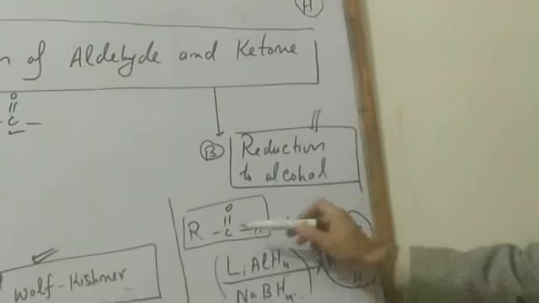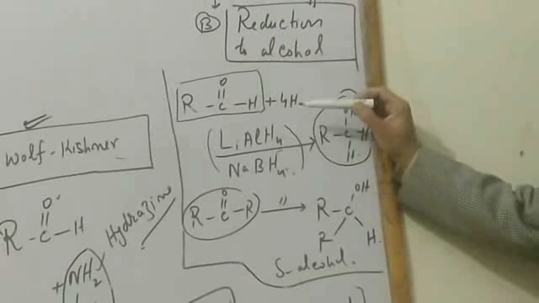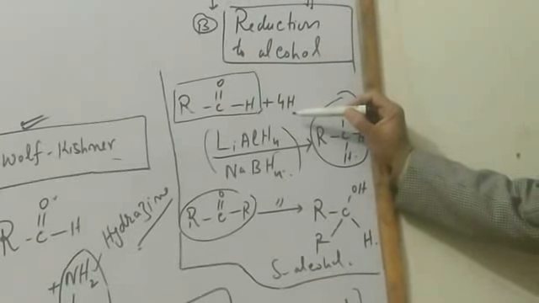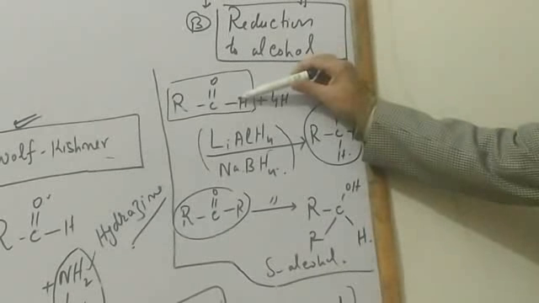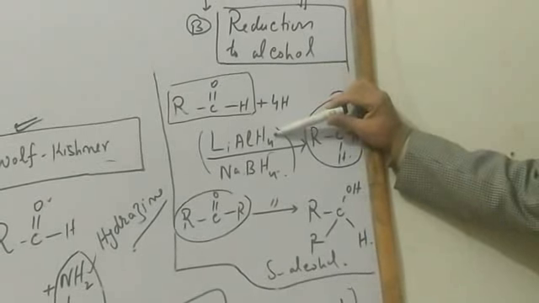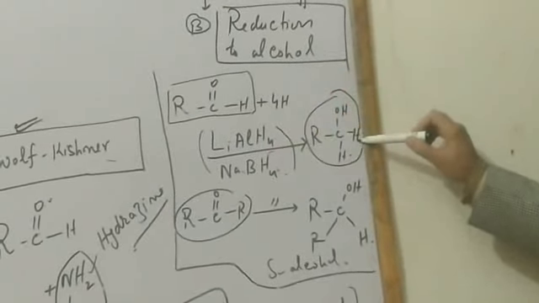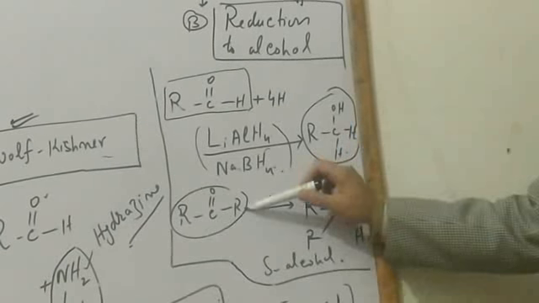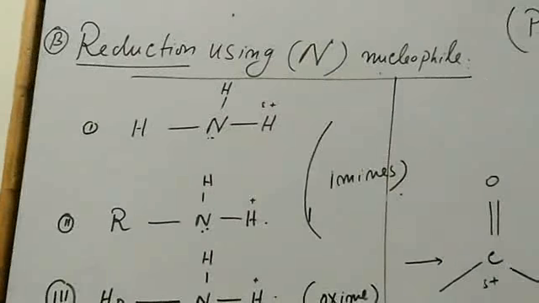So that hydrogen is added over here, and the rest of the reaction is a bit complicated. You again need not study the mechanism. Just keep in mind that aldehyde can be converted with lithium aluminum hydride or sodium borohydride to primary alcohol, while ketone can be reduced to secondary alcohol.